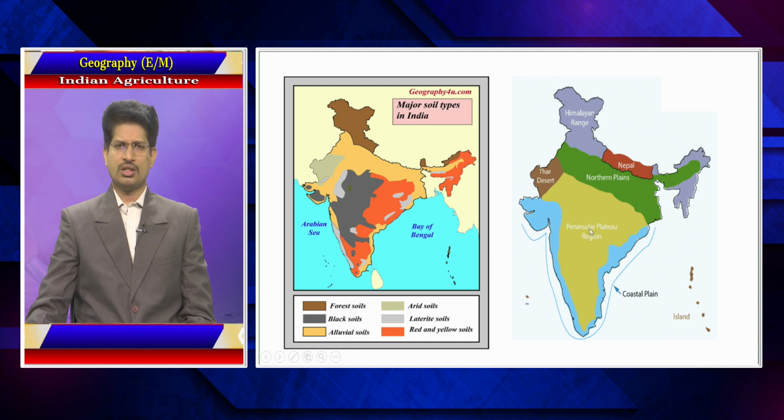When you relatively compare the altitude of these different geographical features which have been depicted to you, the Himalayan mountains have the highest elevation. Next comes the peninsular plateau region, which is the next elevated region.